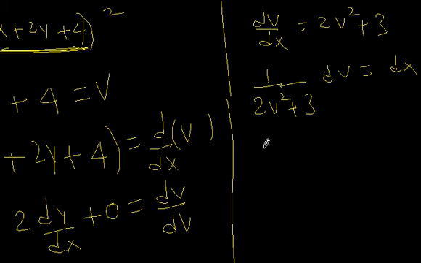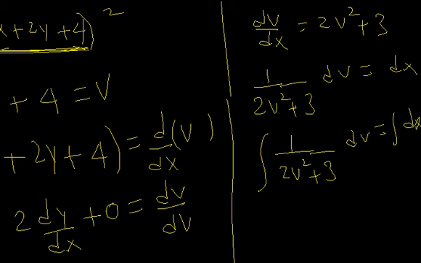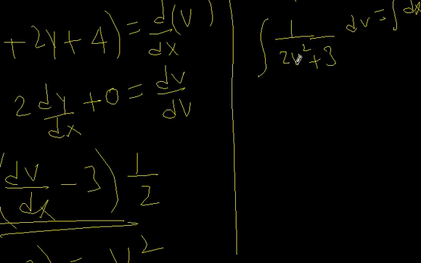Now integrate on both sides. So the integral of 1 over 2v square plus 3 dv is equal to the integral of dx. Now our task is to integrate the integrand 1 over 2v square plus 3. This is a very important step.